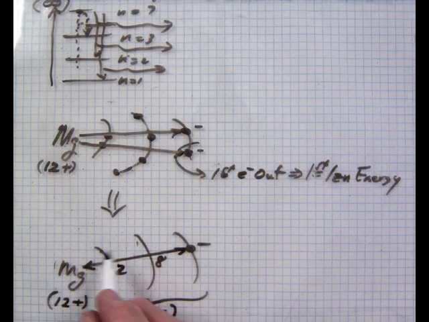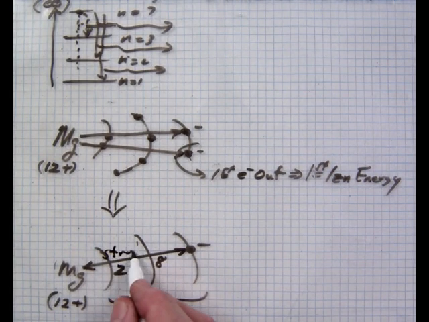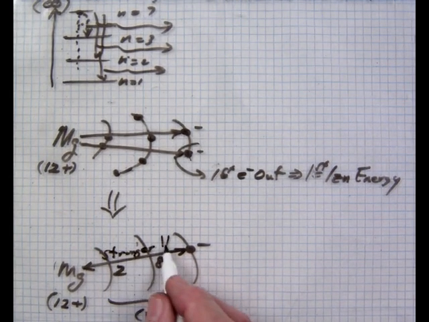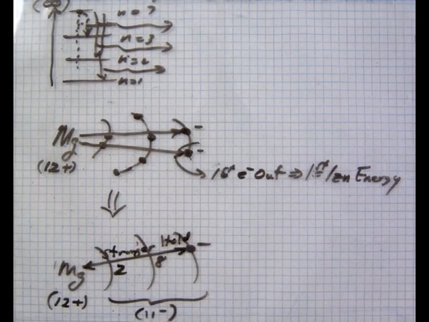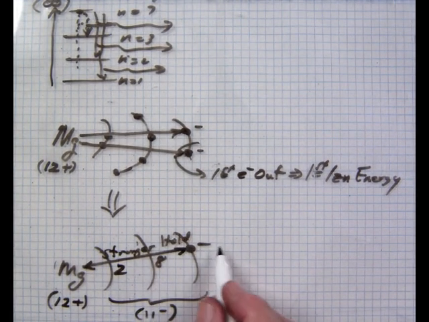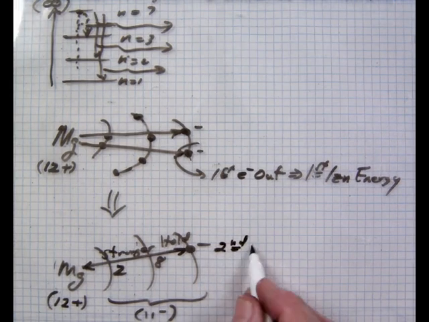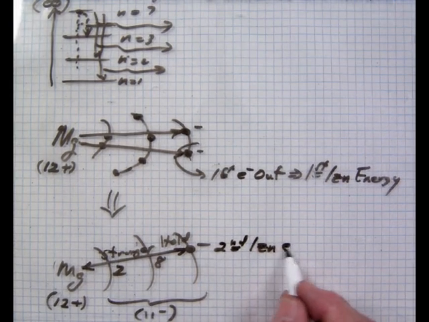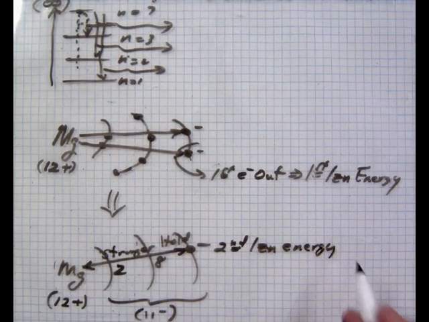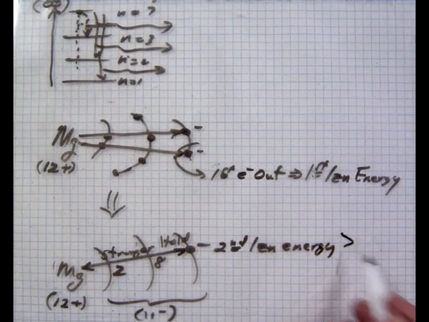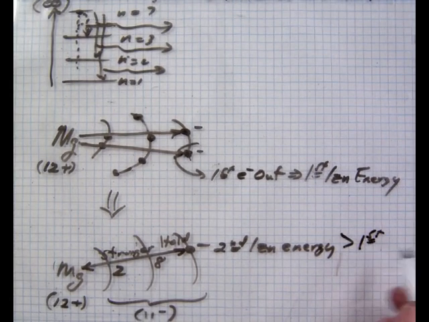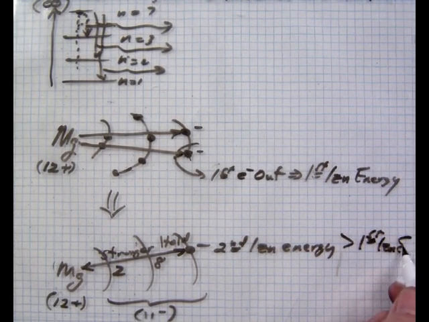But since this is a stronger hold than when you had the other electron in it, the second ionization energy is greater than the first ionization energy.